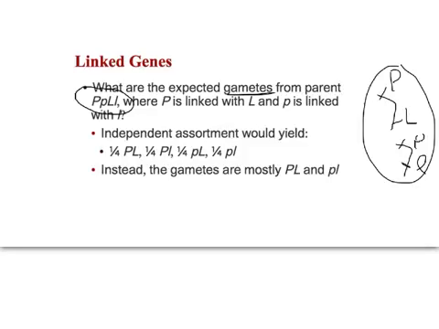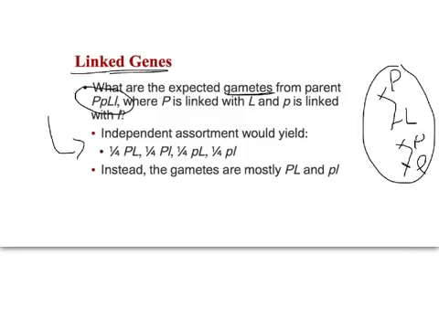If P and L were on different chromosomes, which they're not, you would expect, okay, capital P could go with capital L, capital P could go with lowercase l, little p could go with capital L, or little p can go with little l, if we had independent assortment.